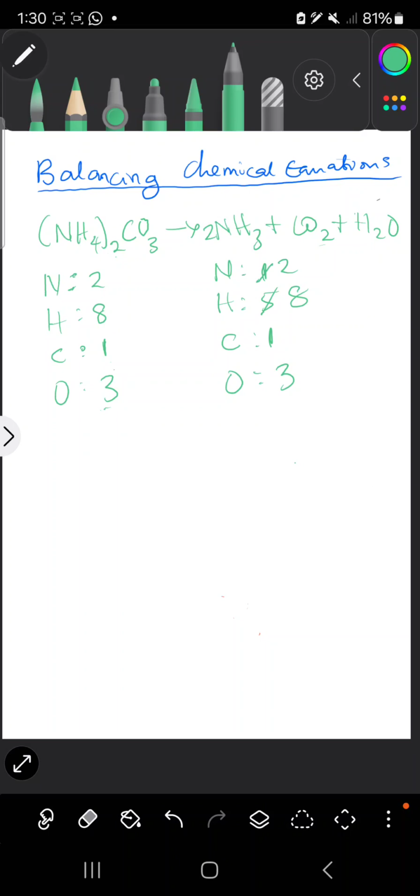Do not change, alter, or touch the subscripts. This is a subscript. You don't touch them. And the next thing is not compulsory, it's not mandatory, it's not necessary, but it saves time and it makes it easier. Try to balance your equation starting from the most complex compound or molecule.